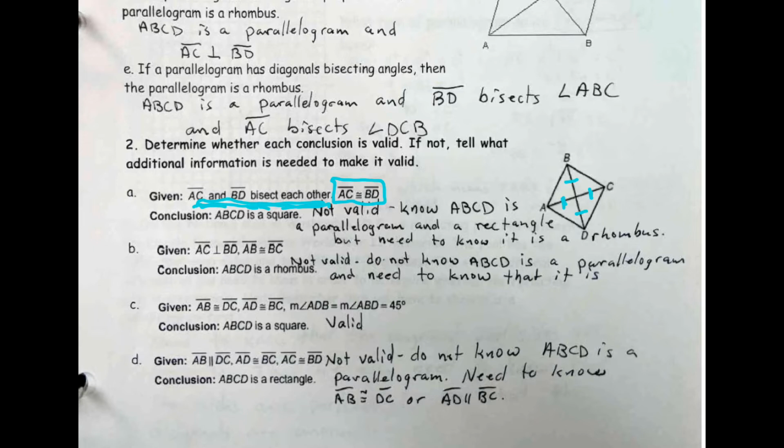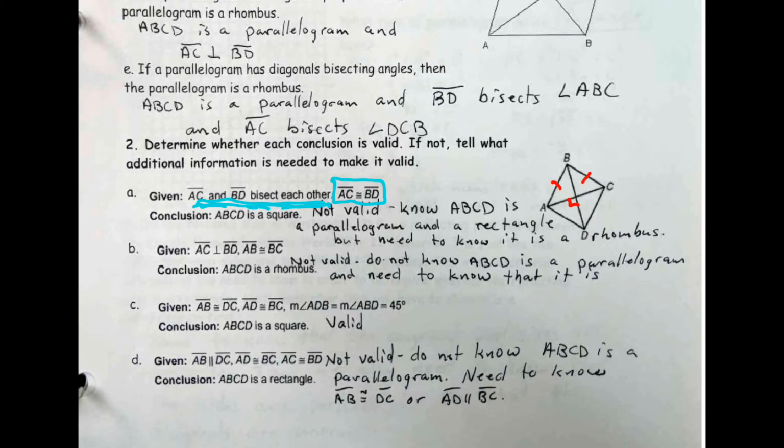Part B, once again, same process. We have to prove it's a parallelogram and then prove it's a rhombus. The next one says, given AC is perpendicular to BD, which tells us our diagonals are perpendicular, which means they make right angles, and that AB is congruent to BC.